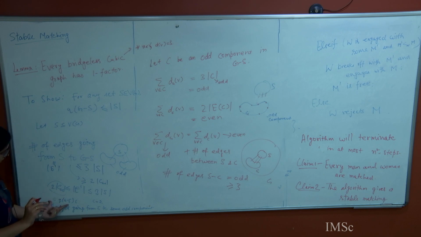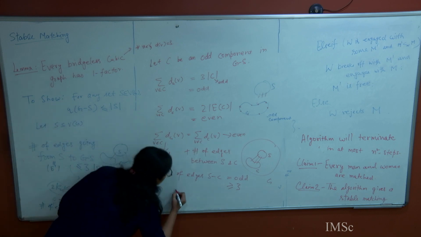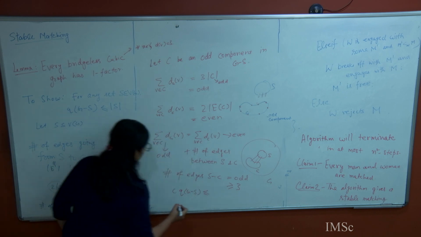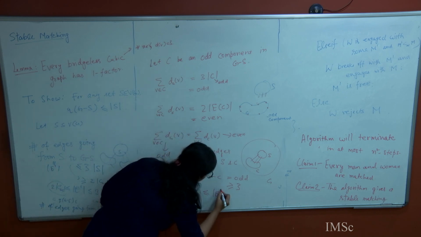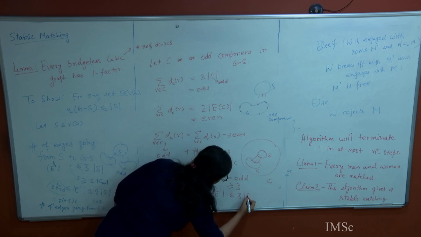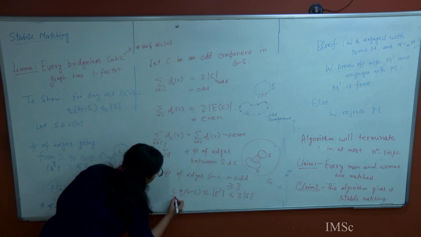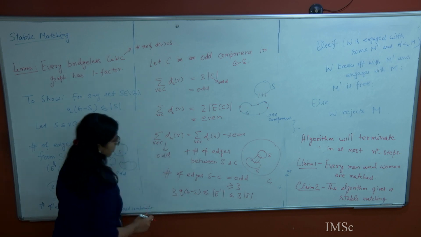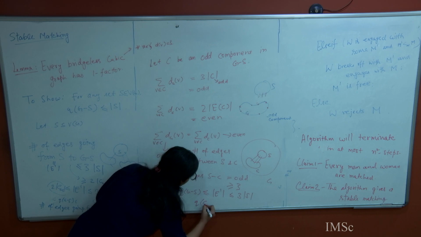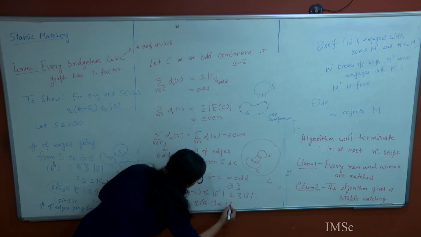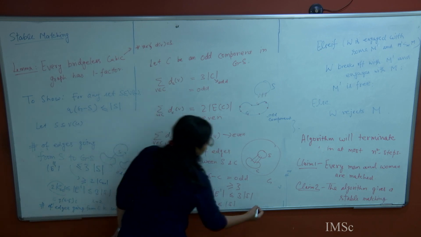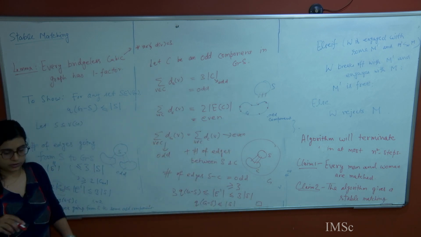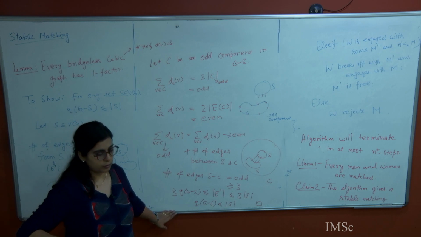What I wanted was, we had the number of components of G minus S, times 3, at most 3 times the cardinality of S. What we got is at least 3 for each C, so q(G minus S) is at most the cardinality of S. That is all we wanted to prove. Okay, so we are done. We proved Tutte's condition.